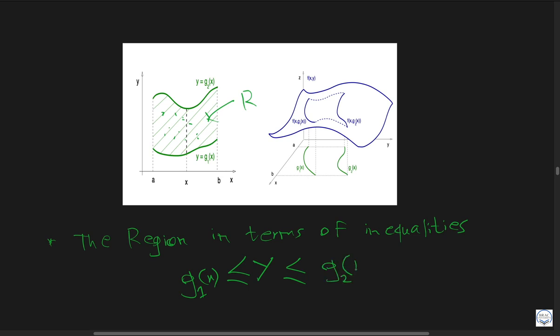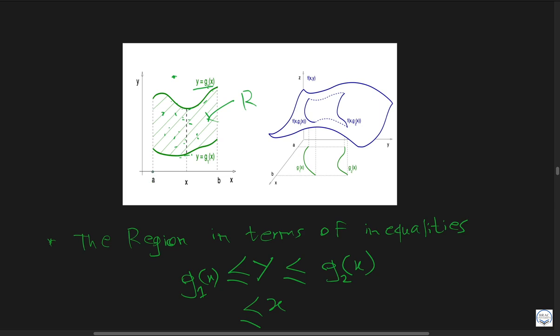Now note that all the points in this region are bounded by these two functions. And in terms of inequalities, we can say that y must be in between g sub 1 of x and g sub 2 of x, which means that any point in this region is above or on the function g sub 1 of x, and below or on the function g sub 2 of x.